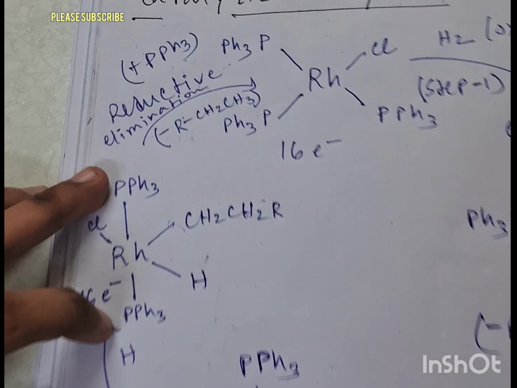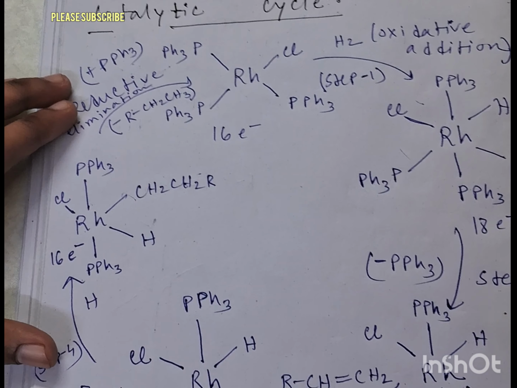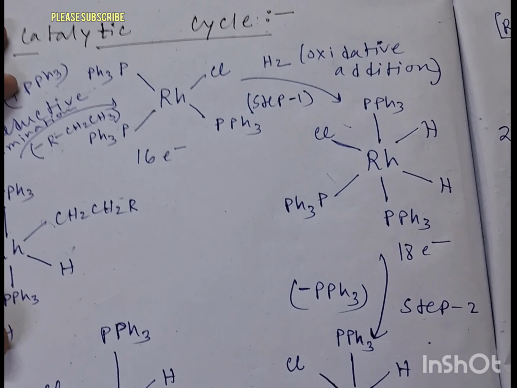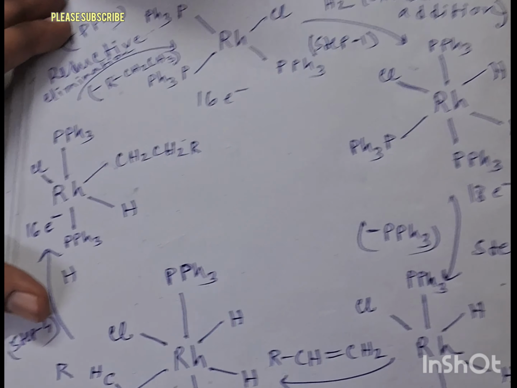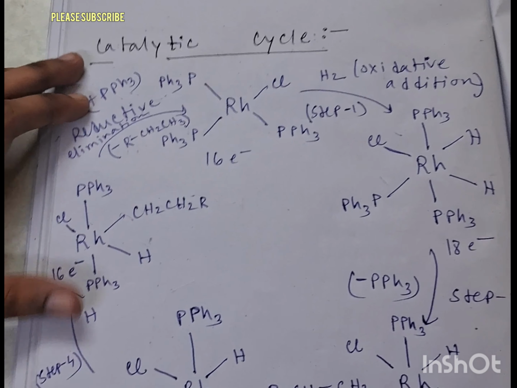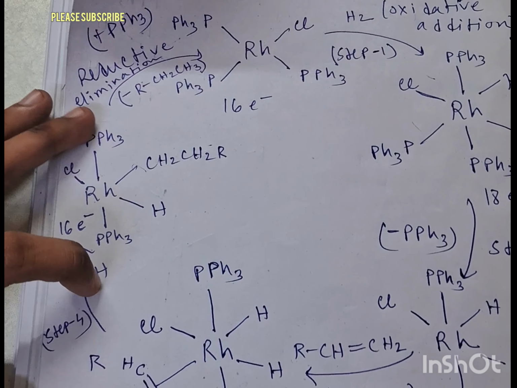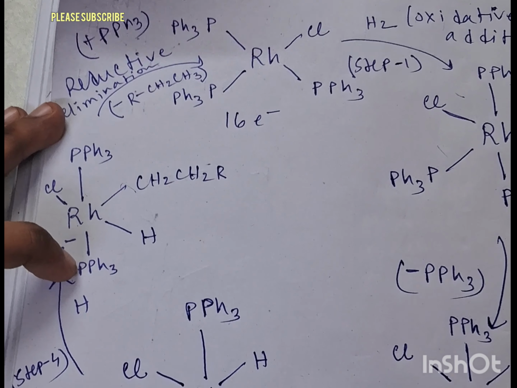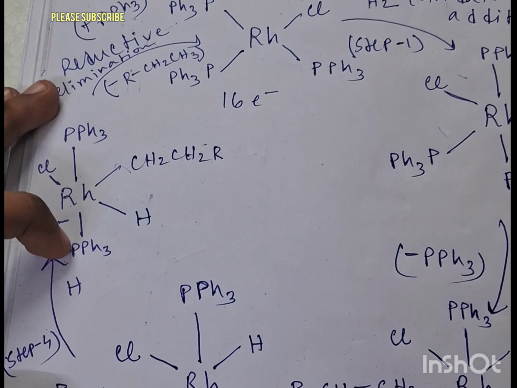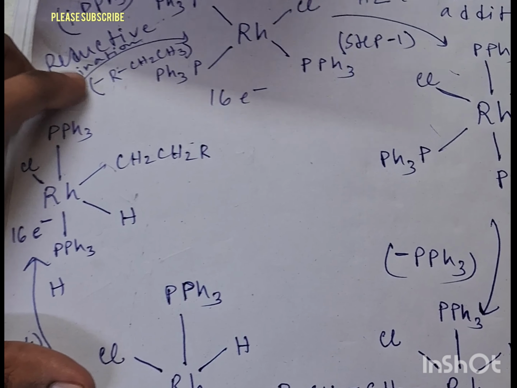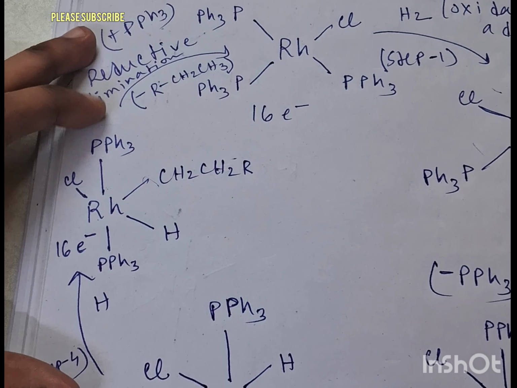Again you should consider the number of electron count for all the possible complexes, right, at every step. First of all 16, then 18, then 16, then 18, again it gets back to 16, because one hydrogen undergoes migratory insertion, that's why the number of electron count changes again.